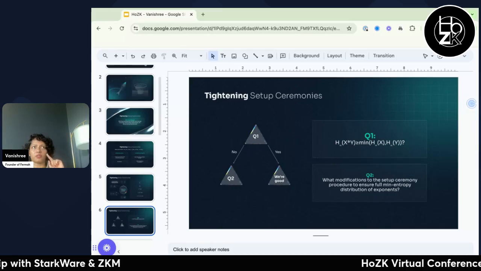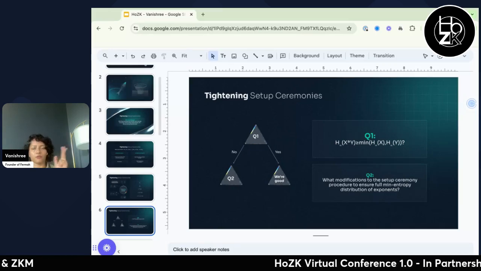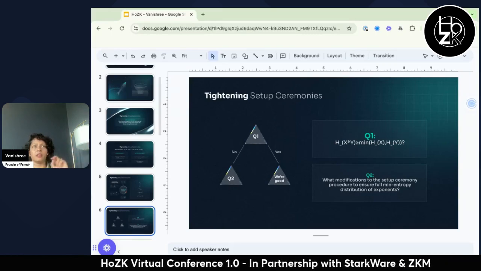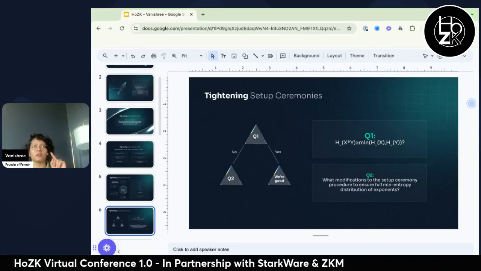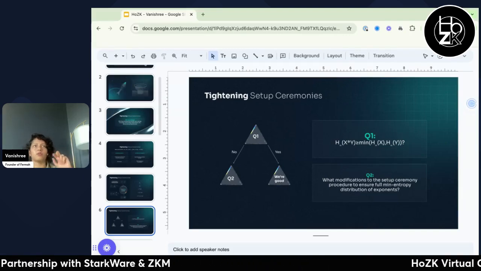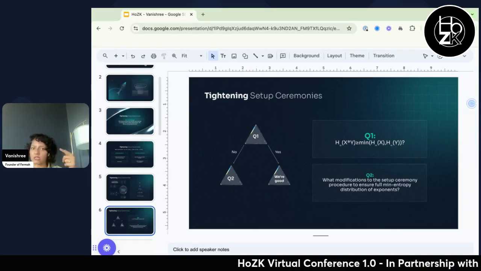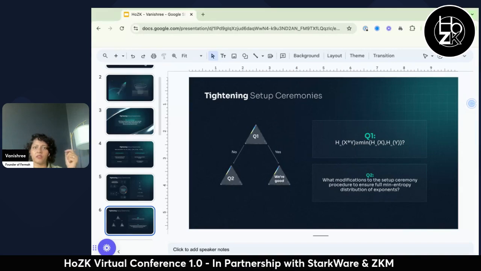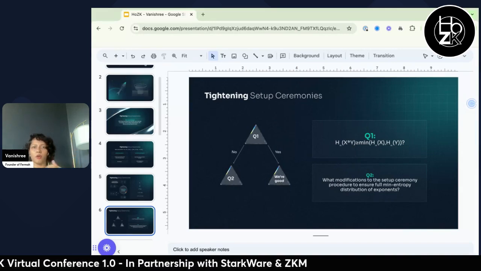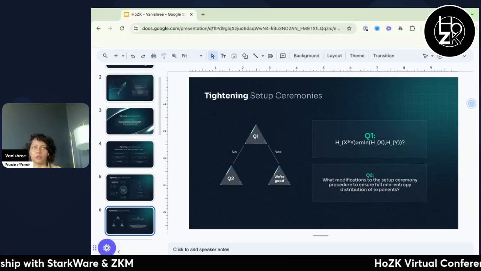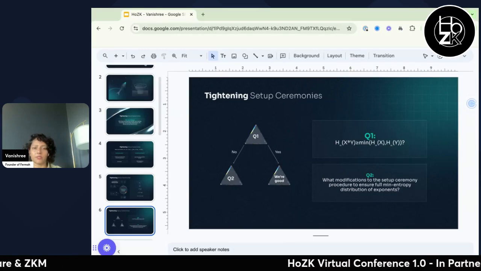Recall we are doing products of multiple random variables, and the question is: does the product operation of two independent random variables increase the min entropy of the product random variable to more than the minimum of the two input random variables?